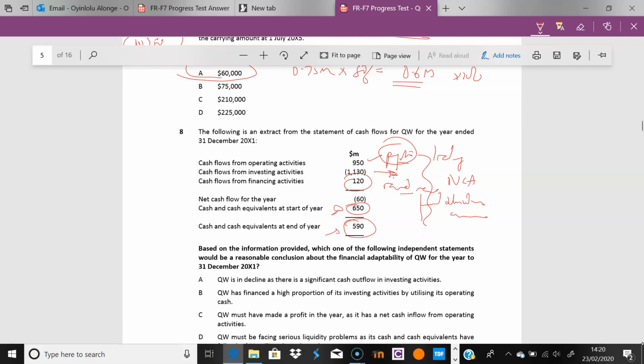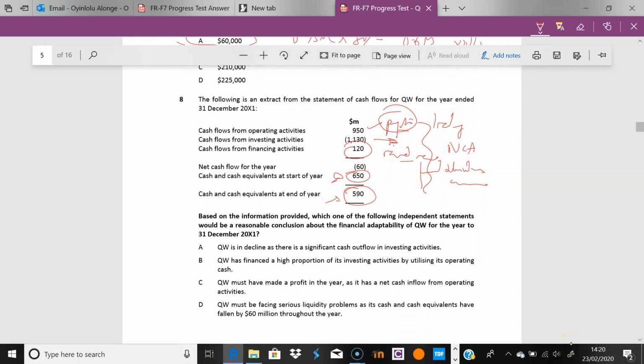So let's see. It says here, which of the following would be a reasonable conclusion about what's happened here? QW is in decline as a significant cash outflow. I wouldn't say that. This is in investing, so to say it's in decline is false. We can see we're investing in new assets or new ventures. So this is wrong.